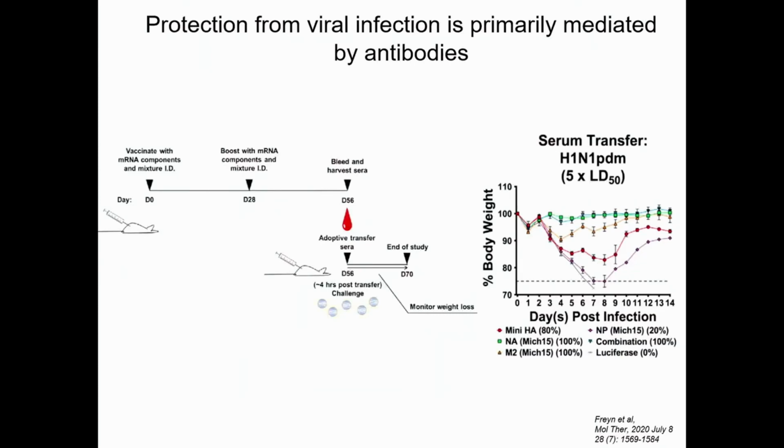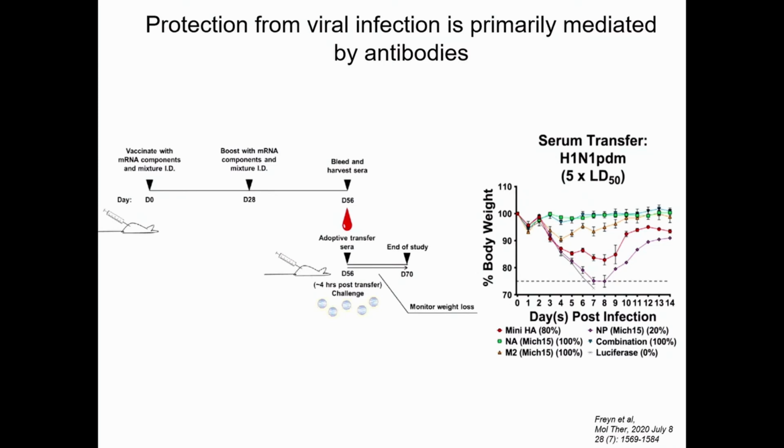To look at the mechanism of protection, we did a serum transfer study. Animals were immunized 2 times, 4 weeks apart, with the monovalent vaccines or the combination vaccine, and then 4 weeks after the second immunization, animals were sacrificed, and we collected serum from these mice and transferred this serum into naive mice that were then challenged with IVR180.